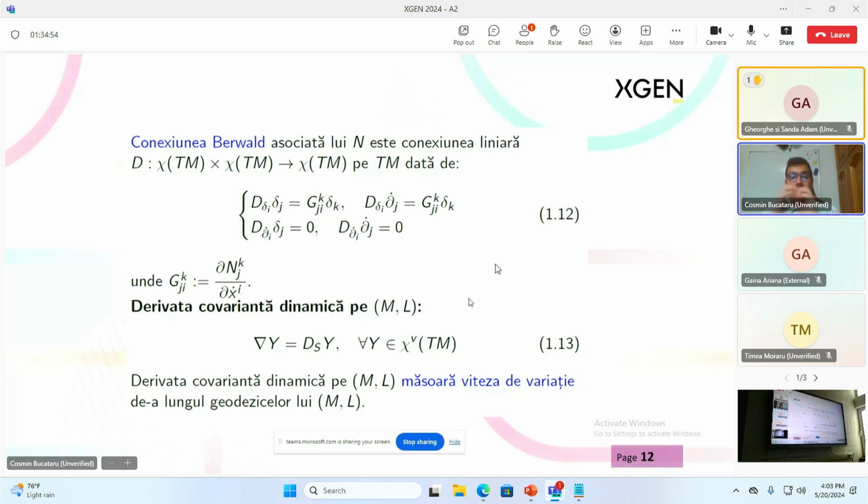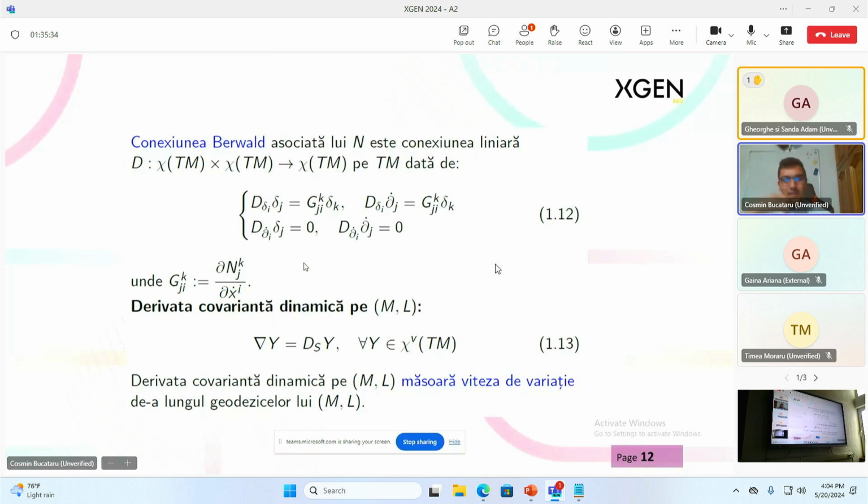We want to connect our nonlinear connection, which is canonical, and there is only one, so the canonical nonlinear connection is unique, to the Berwald connection, which is linear, through the axioms presented in 1.12, where the Berwald coefficients are related to the nonlinear coefficients through the formula G^i_jk, the partial derivative of the N coefficients over the speed.